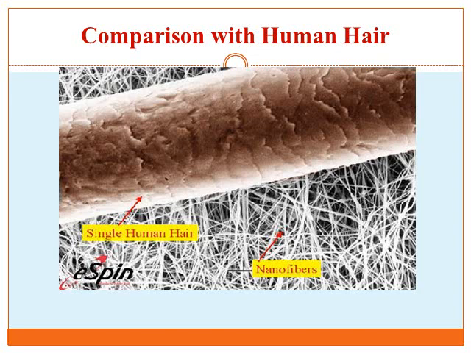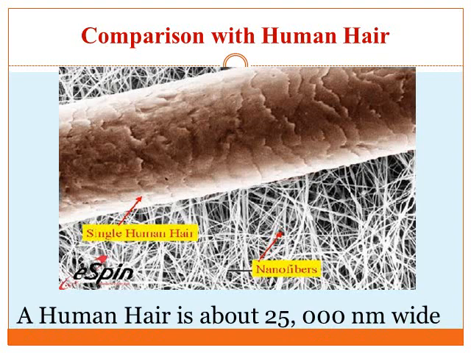Nanofibers are very small compared to human hair. Human hair is about 25,000 nanometer wide, so you can fit many nanofibers into a human hair. That is how small nanomaterial is.